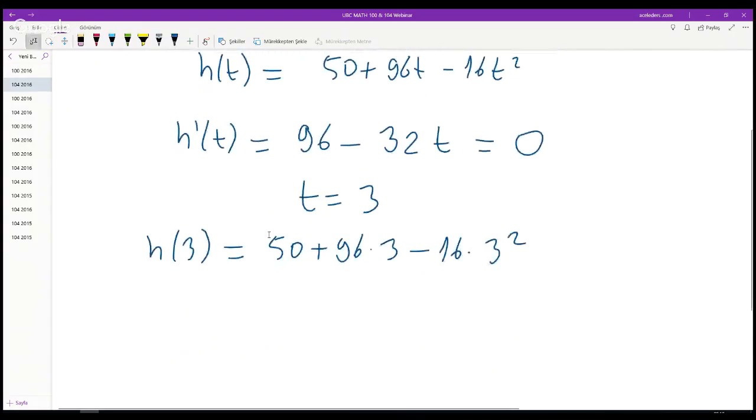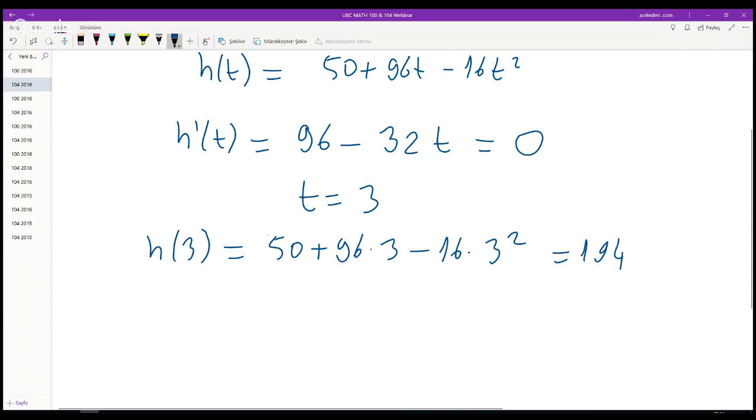And which gives me, so I just calculate the value, 50 plus 96 times 3 minus 16 times 9. It is 194. So my question to you is, how am I going to be sure that this is the maximum value?